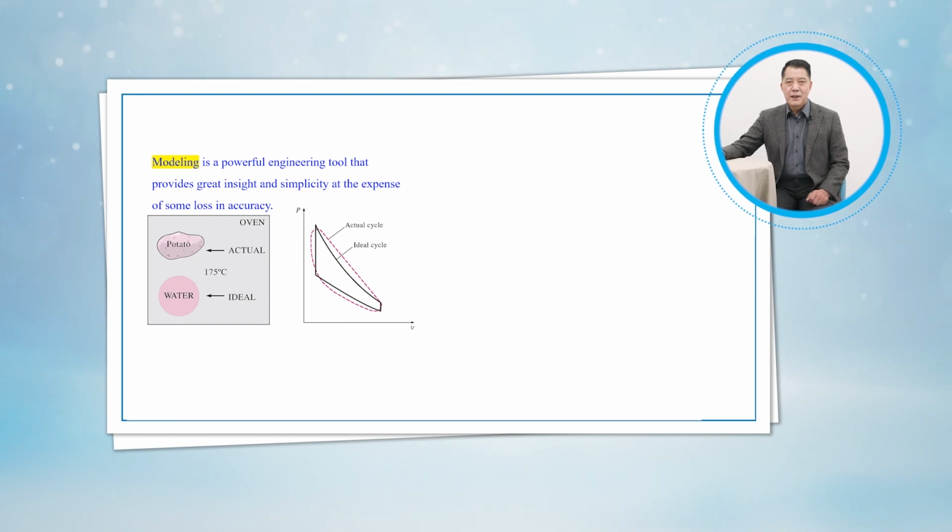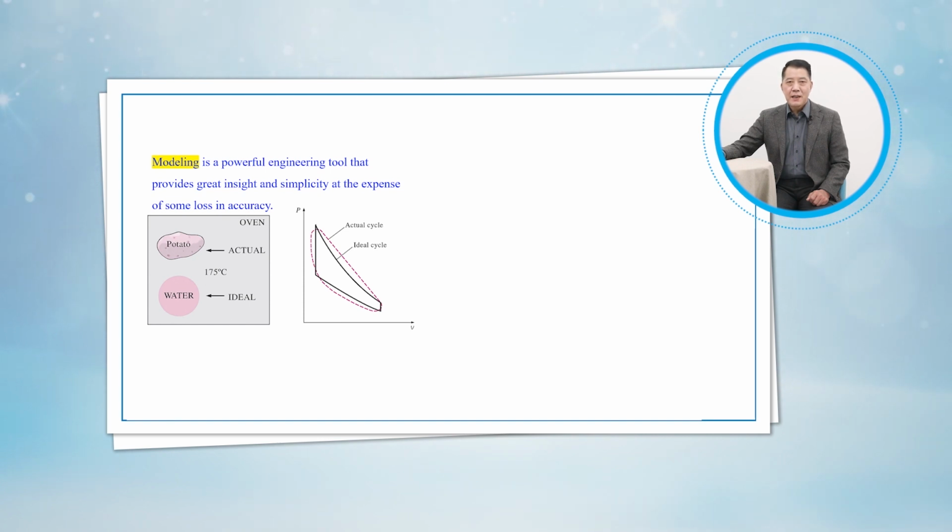The cycles encountered in actual devices are difficult to analyze because of the presence of complicating effects such as friction and the absence of sufficient time for establishment of the equilibrium conditions during the cycle.